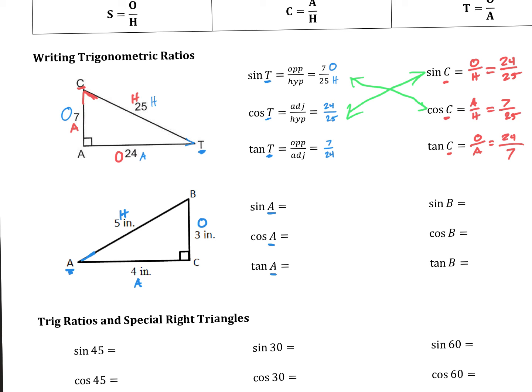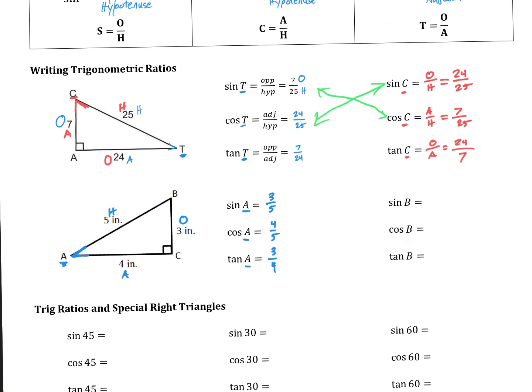Our reference angle is always made up of that adjacent and the hypotenuse side. Okay, so sine of A, 3 over 5. If you want to write the over H because it helps you remember, go for it. Okay, cosine of A, cosine's adjacent over hypotenuse, so that's going to be 4 over 5. And then the tan of A is opposite over adjacent, 3 over 4.